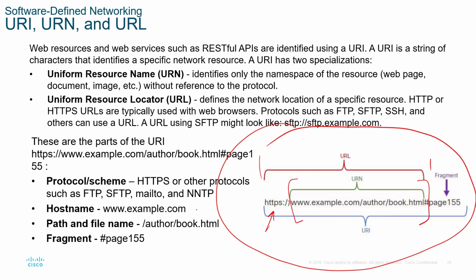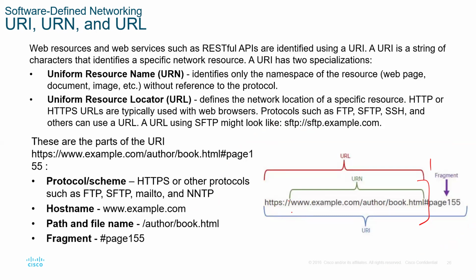The location is usually identified by the protocol which is being used. Then the name just identifies the name of the resource. Very easy. Typical questions in an exam apply this knowledge.